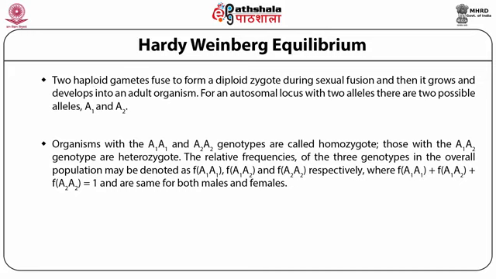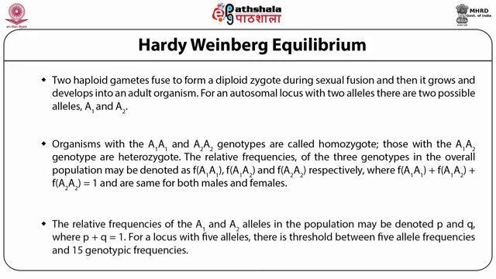The sum of the frequencies of these three different genotypes should be equal to 1 and are the same for both males and females. The relative frequency of A1 and A2 alleles in the population may be denoted by p and q, where p plus q should also be equal to 1.